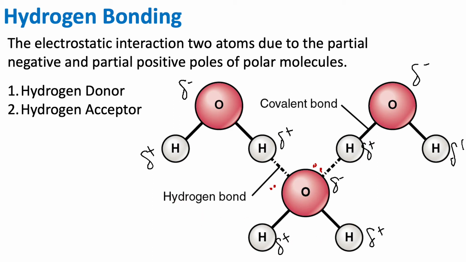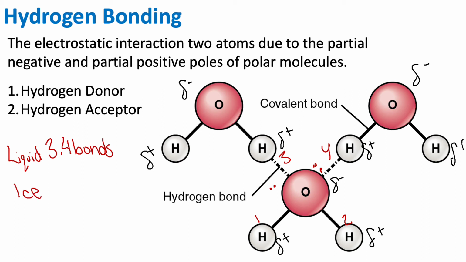Now, in the liquid state, oxygen forms approximately 3.4 bonds. The maximum number of bonds that oxygen can have is 4 bonds. We see 1, 2, 3, 4. So in the liquid state, we see approximately 3.4 bonds.